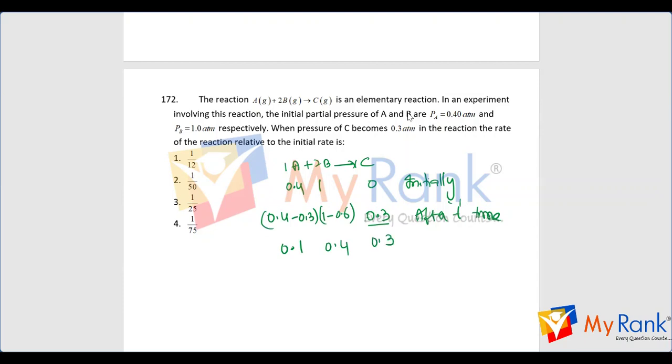Then what you have to find is the rate of the reaction relative to the initial one. The new rate is equal to the concentration of A, 0.1 power 1, into 0.4 whole square. The initial rate is 0.4 into 1 whole square.